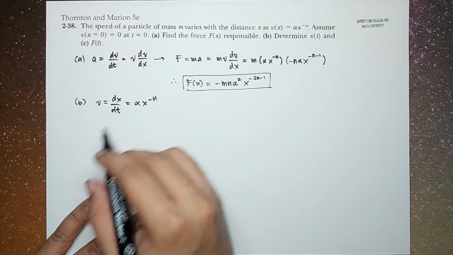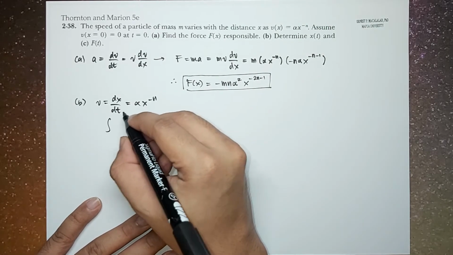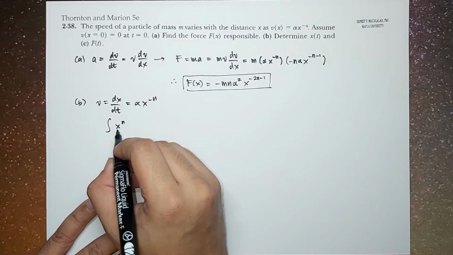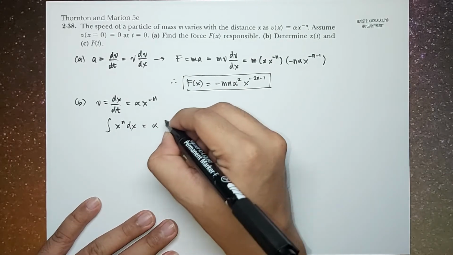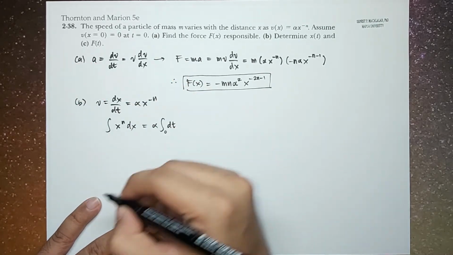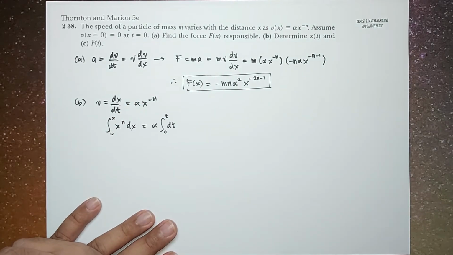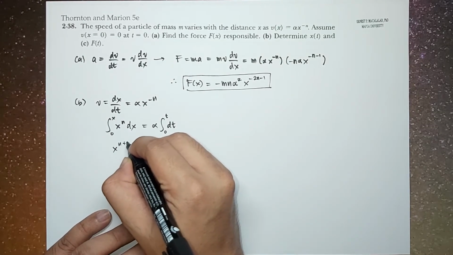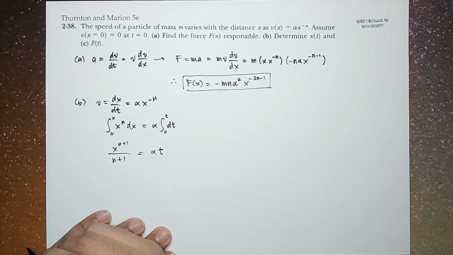If we integrate this with respect to time, we transpose x to the negative n to the other side, so this becomes the integral of x to the n dx, which is equal to alpha times the integral of dt. As mentioned here, at time equal to 0, the position is 0. At time equal to t, the position is x. So this will be equal to x to the n plus 1 over n plus 1, which is equal to alpha t.